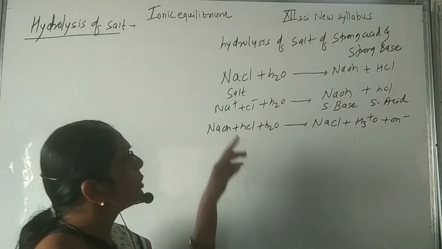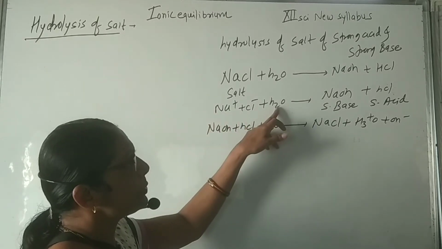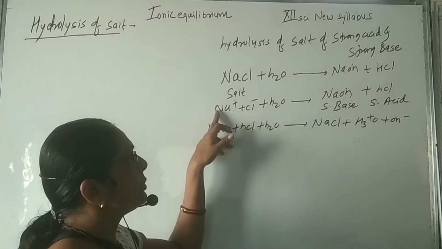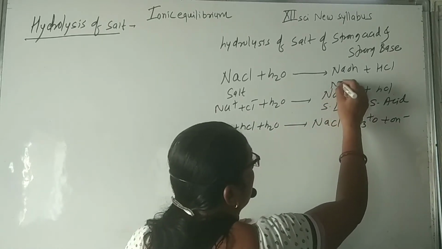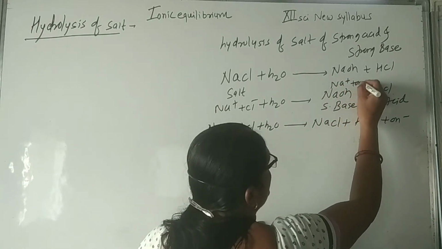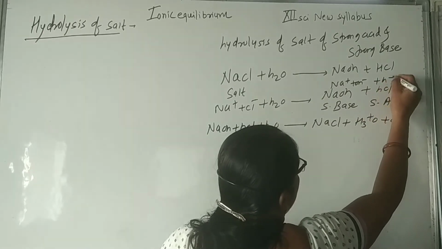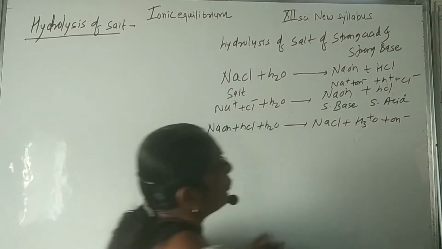So when you consider the hydrolysis of the salt of a strong acid, the NaOH contains Na plus ion and OH minus ion. HCl contains H plus and Cl minus ion. What happens?